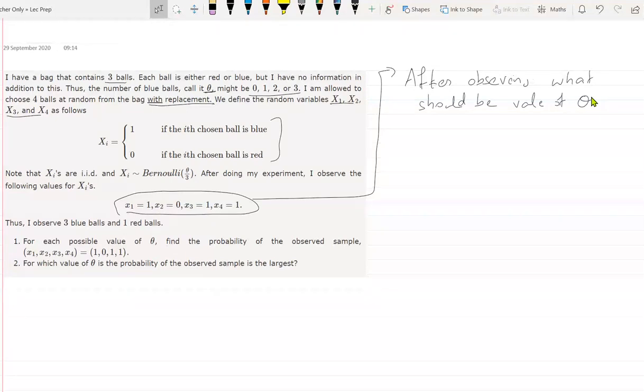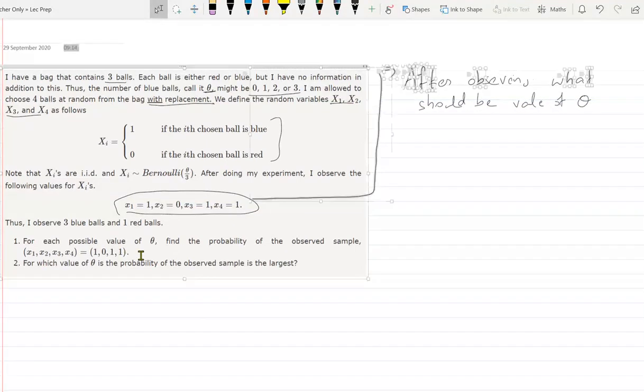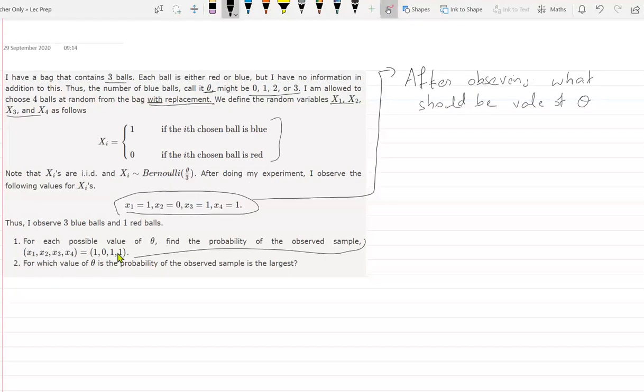One way to answer this question is to compute the probability of 1, 0, 1, 1, assuming different values of theta. So the probability, let's say with theta equal to 0, of 1, 0, 1, 1. What is this probability?